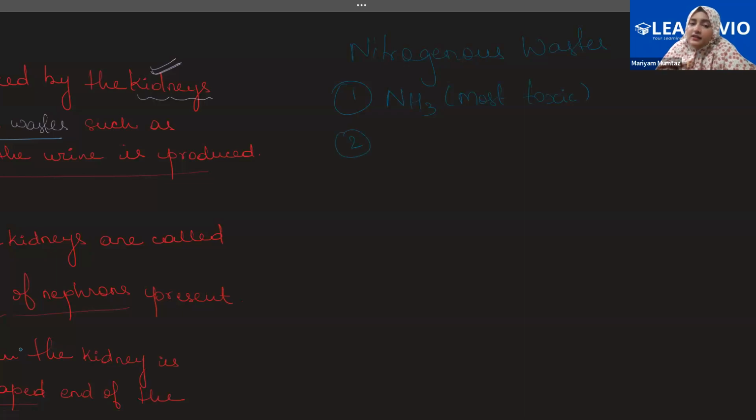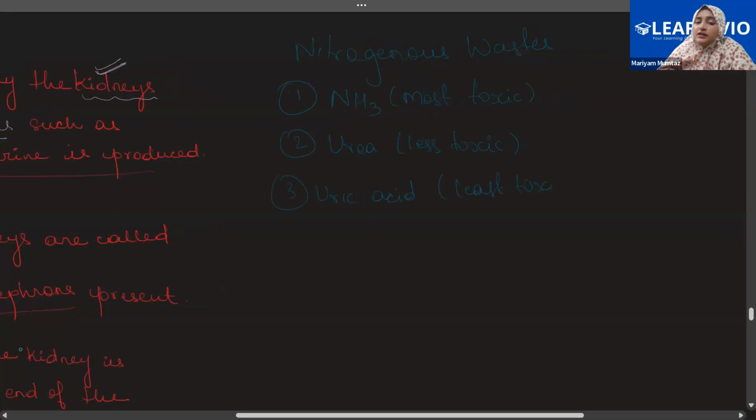Then after this, there is urea. It is less toxic as compared to ammonia, and third is uric acid. Now, uric acid is the least toxic. It is not that toxic. So depending upon the toxicity, these are the nitrogenous wastes.